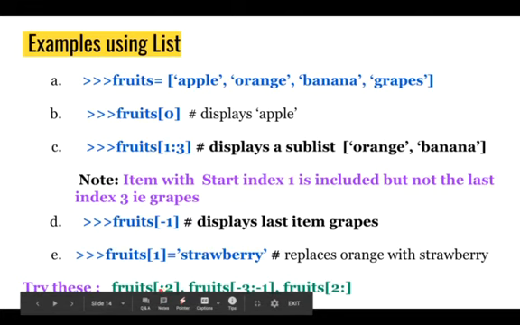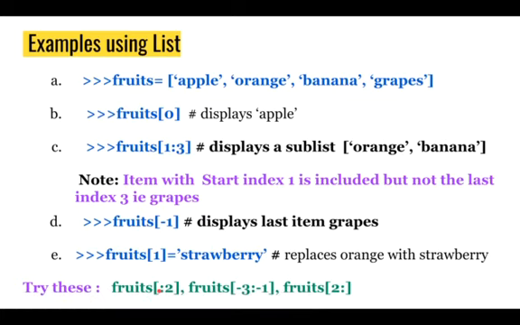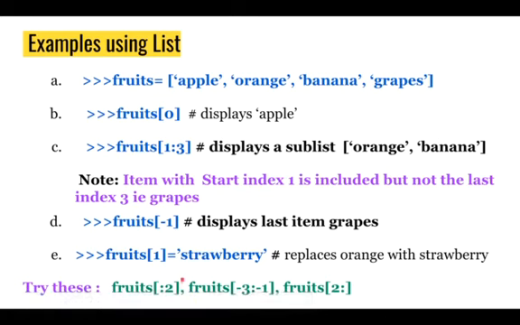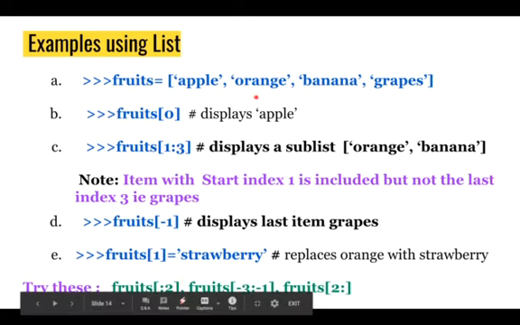In such cases, the start index will be from index 0. So, in this example, if you give fruits of square bracket colon 2, the list will be created as apple and orange.